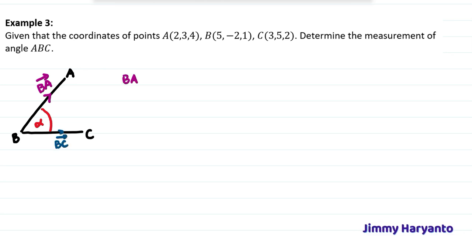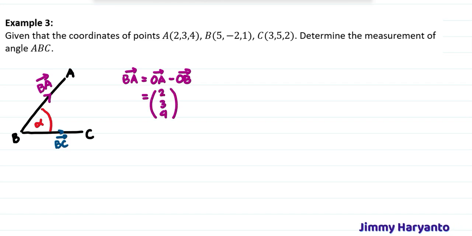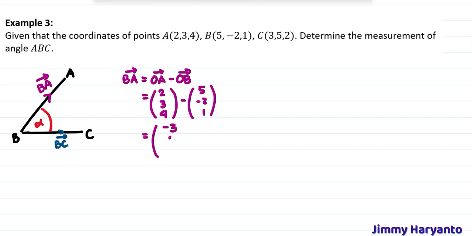So BA, using the formula of position vectors, we have OA minus OB for BA equals 2, 3, and 4 minus OB. OB is 5, negative 2, and 1. Then when you calculate it, you will have negative 3, 5, and 3 as the result of BA.